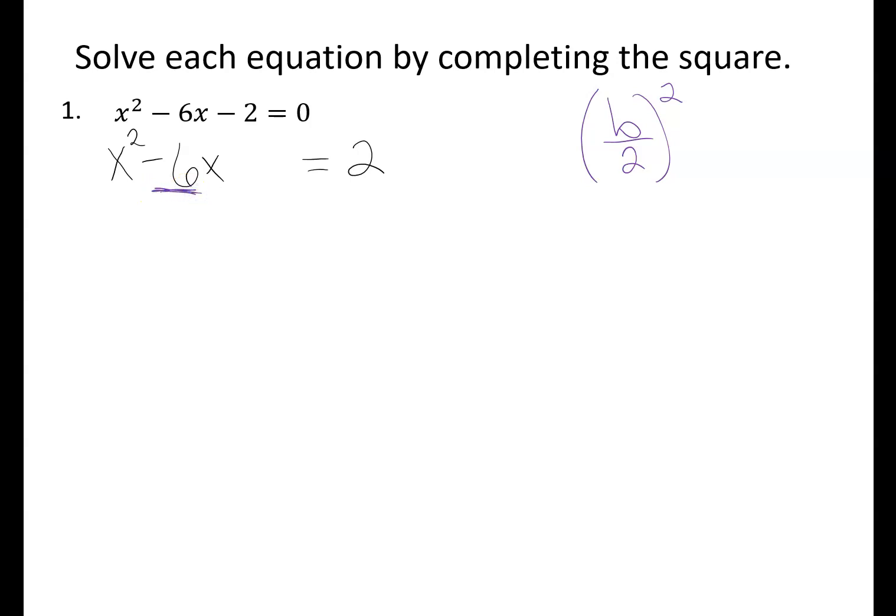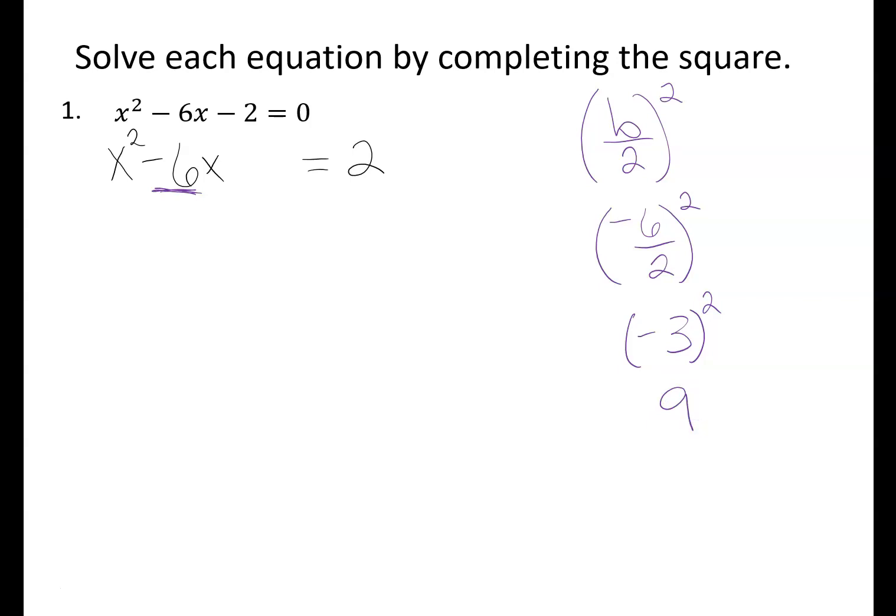So for this equation, b is -6. We're going to plug that in over here for b. So -6 divided by 2, go ahead and do that first, would be -3. And then when you square, it'll be a +9.